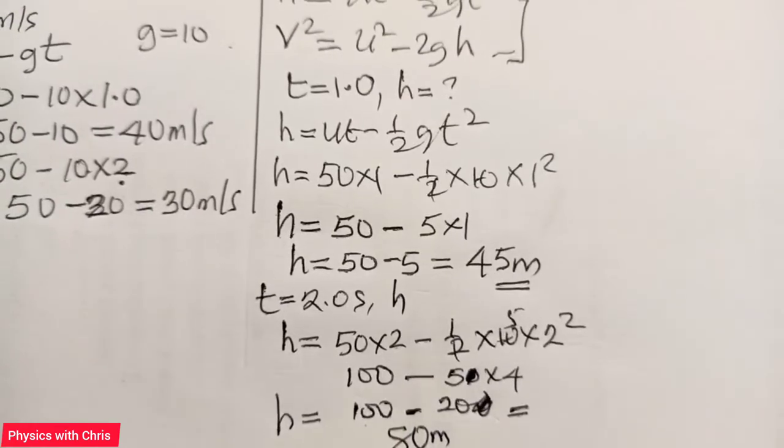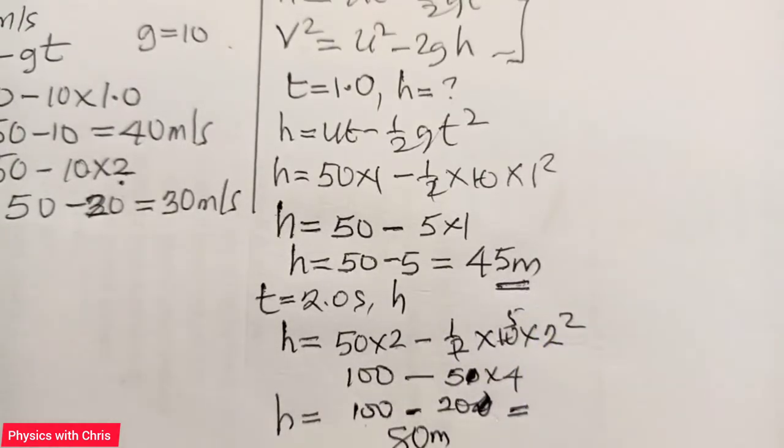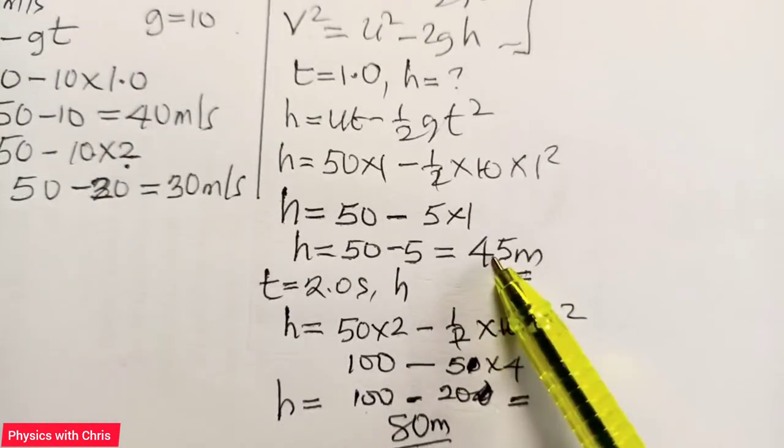So you can see that the height risen by the body reduces for the first 1 second. That's raising a height of 45 meters. If it was rising at the same rate, it would have risen a height of 90 meters. That is, if the body was rising at a constant rate, then after 2 seconds, it would have been 2 times 45, which is 90.